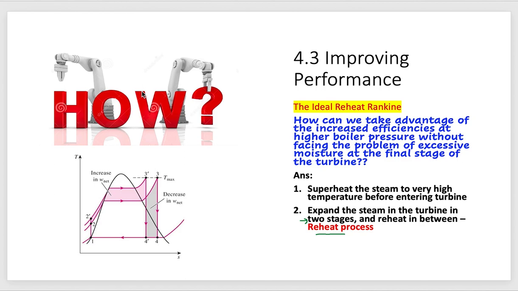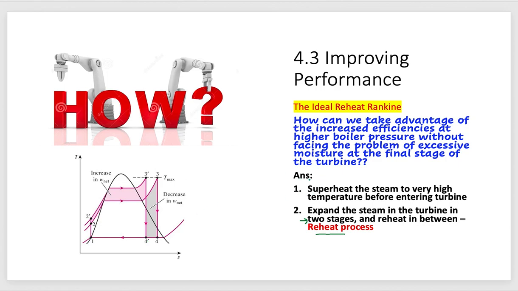Okay, next we go on how we can take advantage of the increased efficiency at higher boiler pressure without facing the problem of excessive moisture at the final stage of the turbine. So, if we can see here, if we increase the boiler pressure from state 3 to state 3 prime, we can see that the moisture will increase from state 4 to 4 prime.